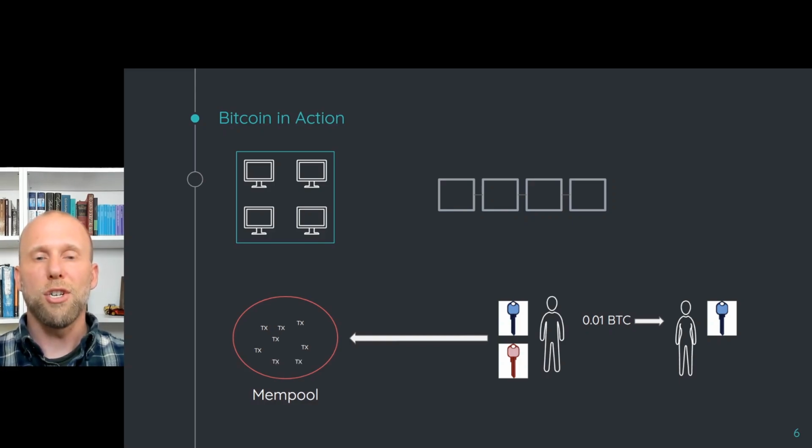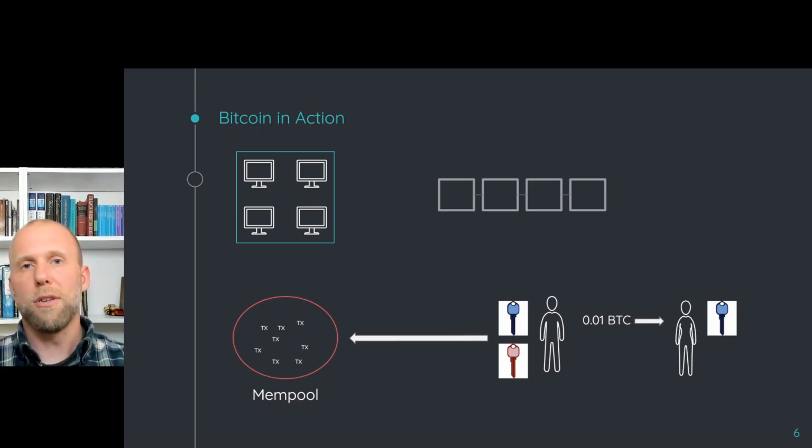All of the transactions that people want to send during that 10-minute period when some miner is trying to win the cryptographic puzzle, all the transactions are just sitting there in the mempool. And the miners are going to bundle those transactions together when someone wins the cryptographic puzzle. Transactions are sitting there in the mempool, and then all of a sudden, one computer solves the cryptographic puzzle and broadcasts it to the network.